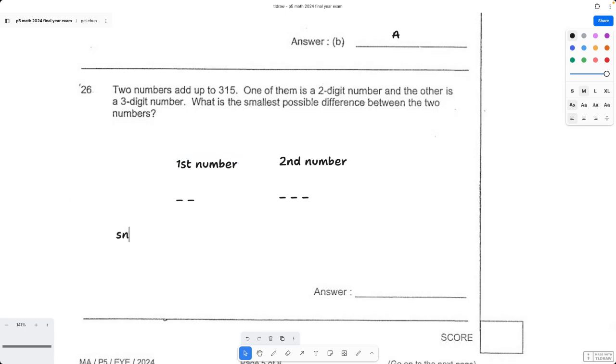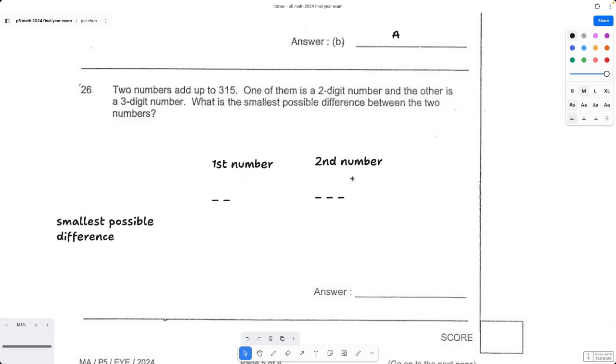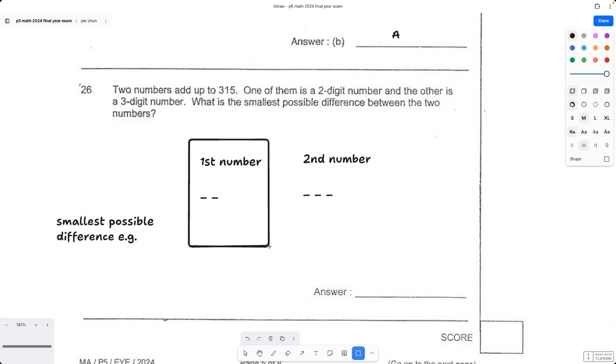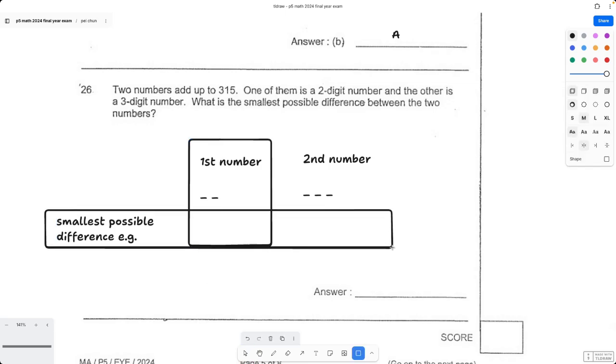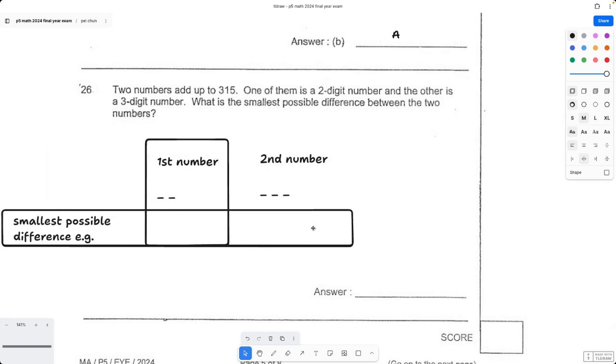So smallest possible difference, okay, in this case is essentially, I'm just gonna put like this. Smallest possible difference. So for example, first number in here, and then I'm gonna put a difference.